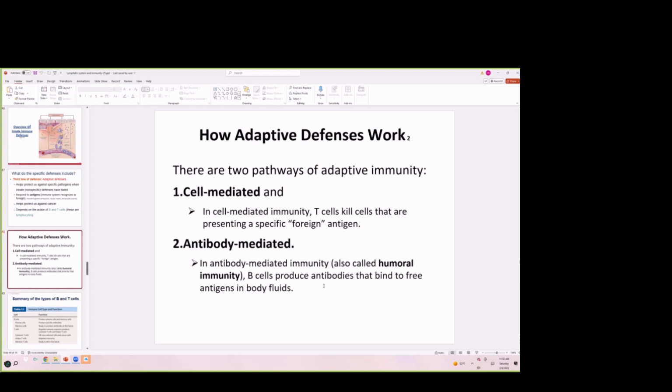But with the help of specific tags that identify those buildings, those bombers are able to go there and target them and destroy them. So antibodies serve like the tags that identify things that need to be destroyed.